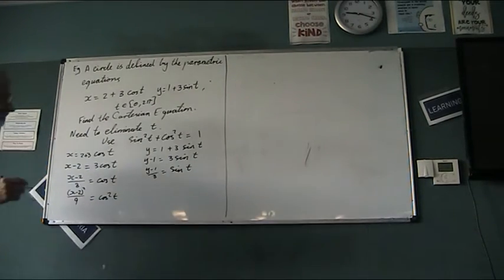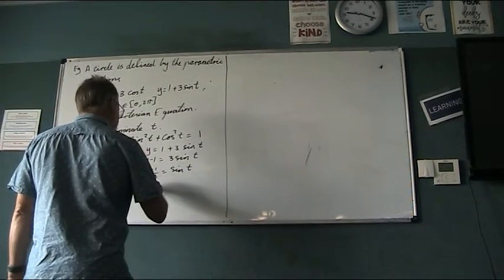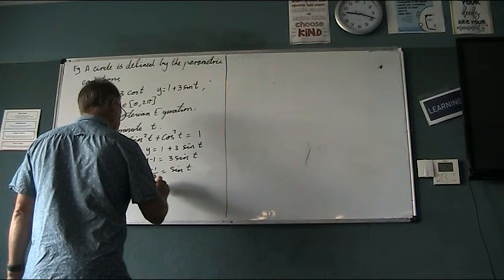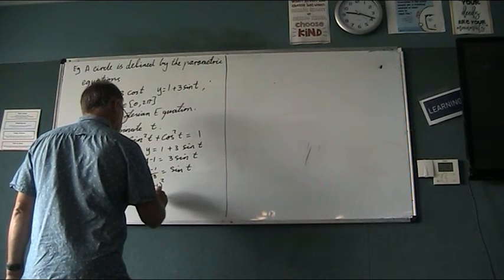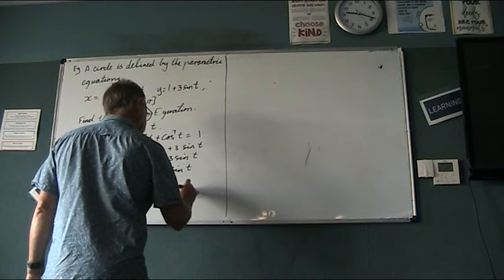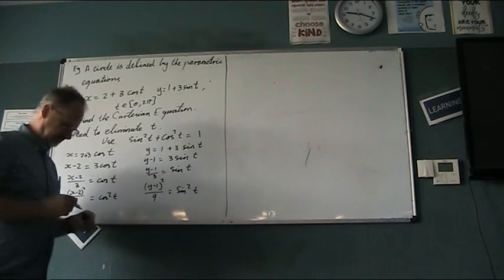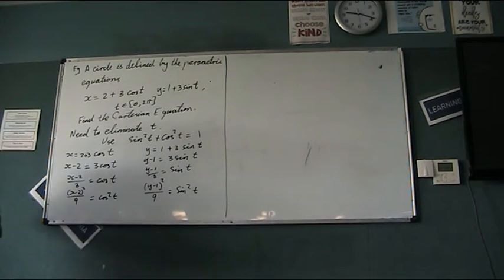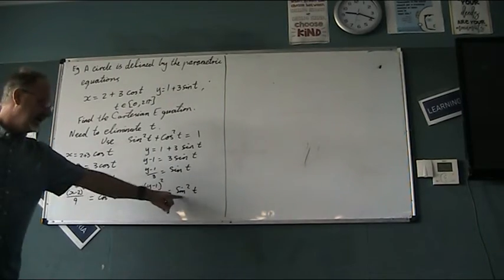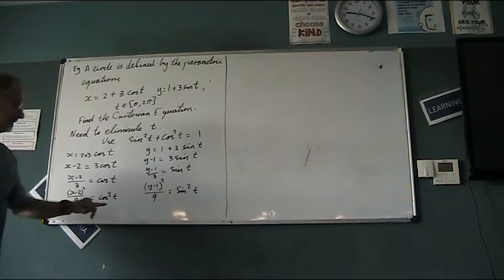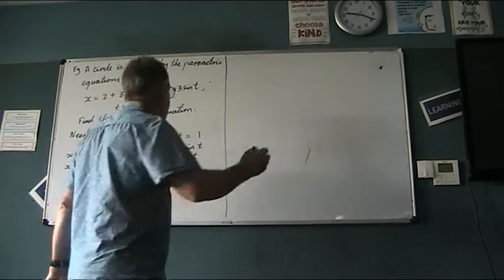Then to get the sine squared, square both sides. And then we can add the sine squared and the cos squared together.